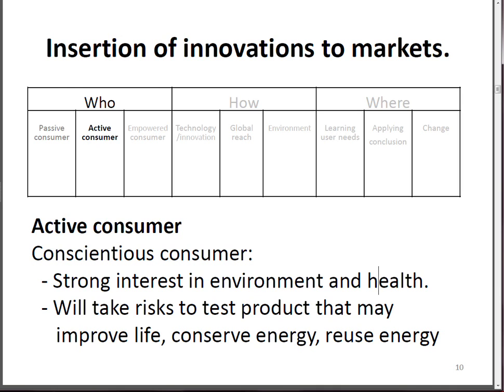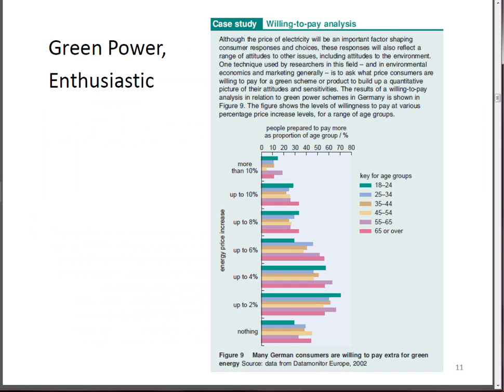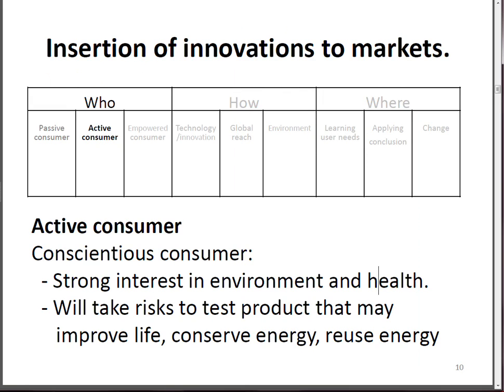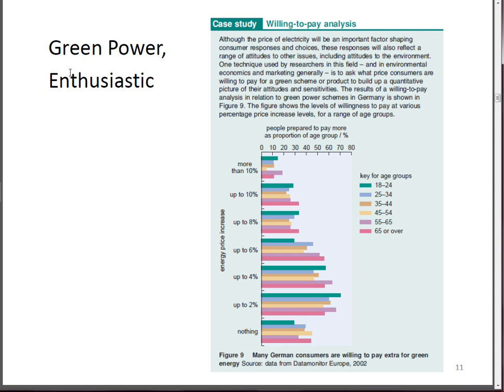Okay, now we have an example of green power and how this consumer, the active consumer, is an enthusiastic consumer. For example, in figure 9 here on the right, you can see a table of, in this case, German consumers and how they're willing to test something or to pay more for green product.